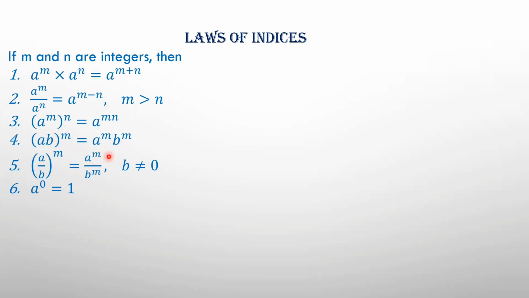We can separate the indices. A upon b raised to m is a raised to m upon b raised to m, where b is not equal to 0, because we have already seen the denominator cannot be 0. And the last property, a raised to 0 is equal to 1. Anything raised to 0 is always equal to 1. Remember this.